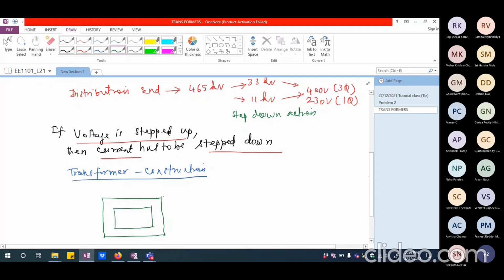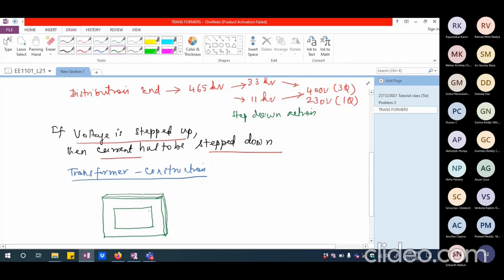Let us say we call this as stamping. And behind this, I'm going to have one more stamping, which is arranged or stacked. So I'm going to have the next stamping. Then I'm going to have a third stamping. So like this, I'm going to have many such stampings.